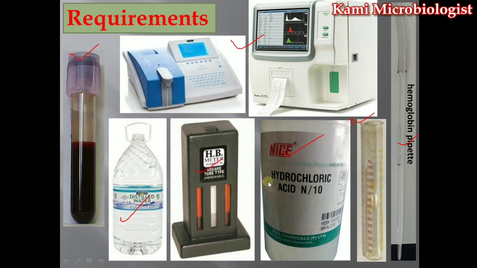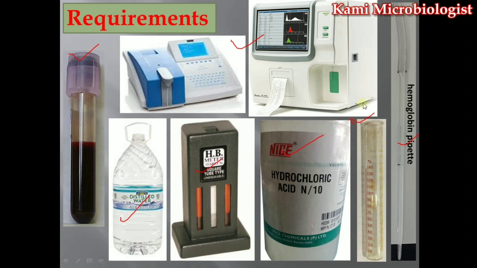Let's suppose here we put our hemoglobinometer tube having the blood as well as the solution. Once we mix it, we have to compare the solution with these two standard tubes, as you can see, and we keep adding distilled water drop by drop until the solution color is matched with this.